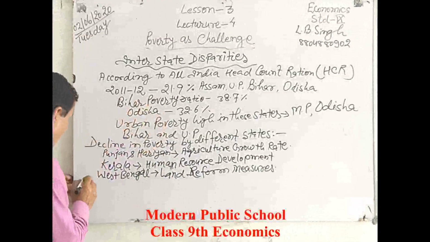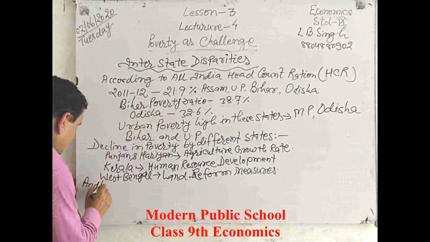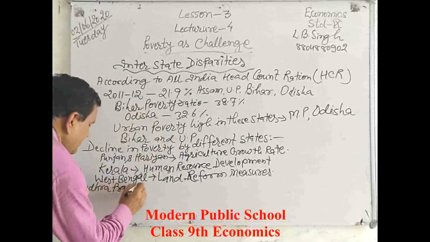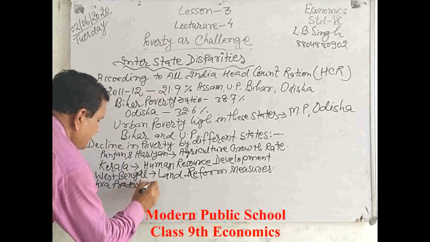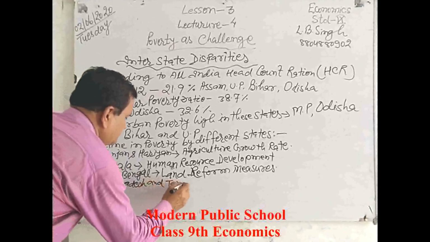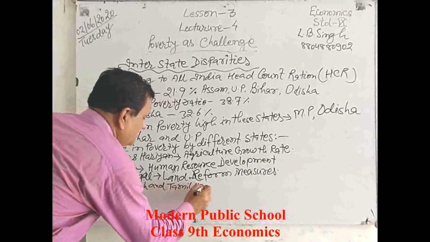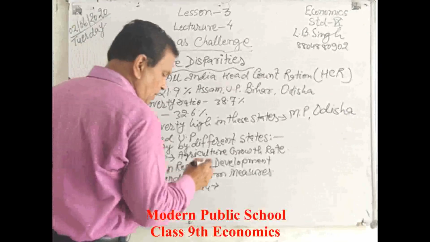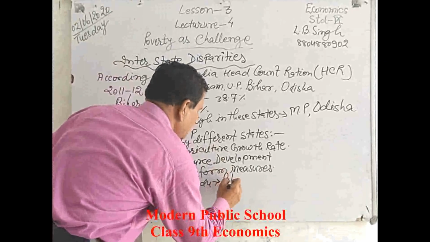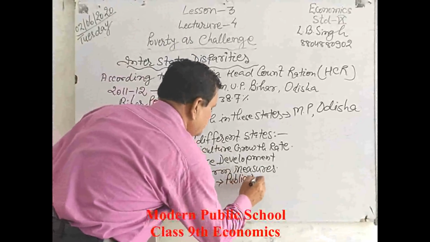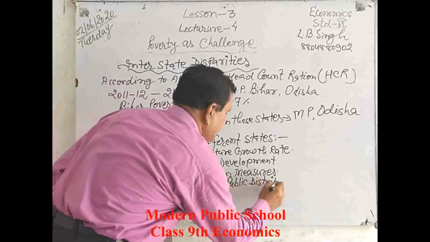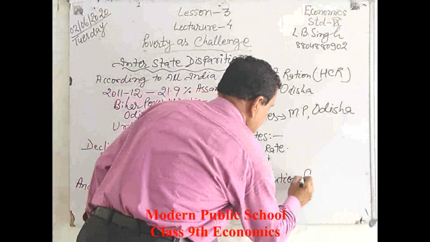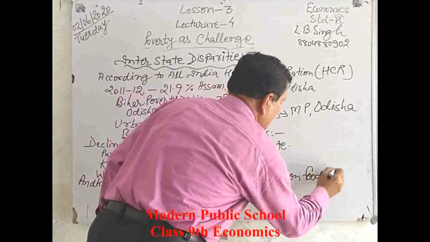Now, the names of Andhra Pradesh and Tamil Nadu. Both states are working on public distribution of food grain.